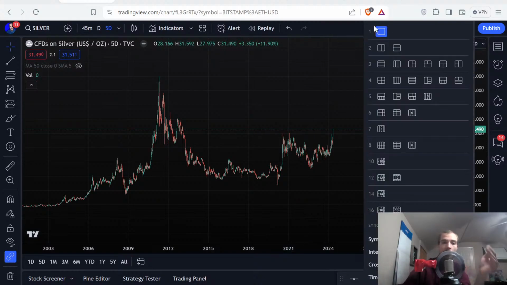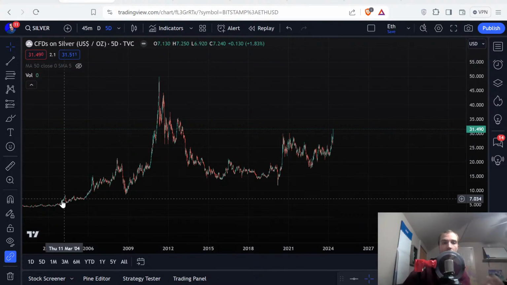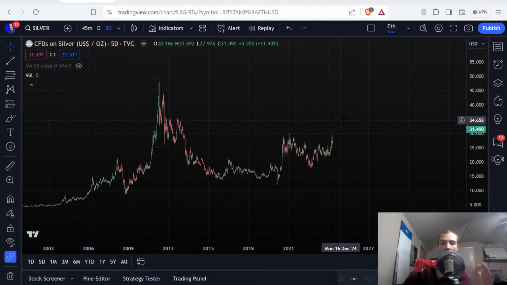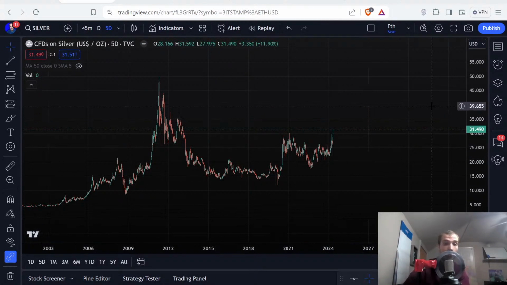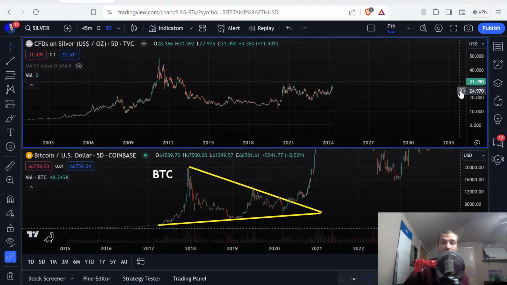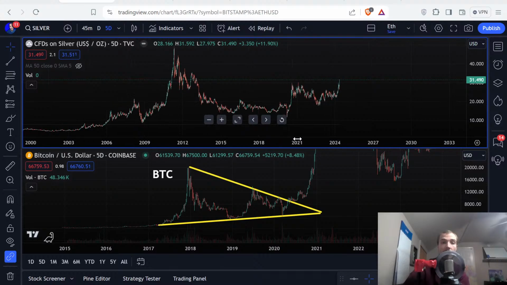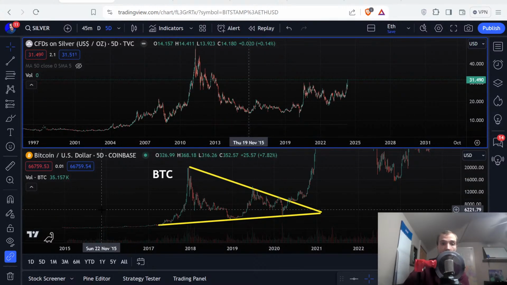But just to show you guys what I mean here, here's silver. This is 2003, and you guys can see that from 2003 to 2024 is 21 years worth of time. So that's a very large cycle, right? It takes a lot of time to form that pattern.